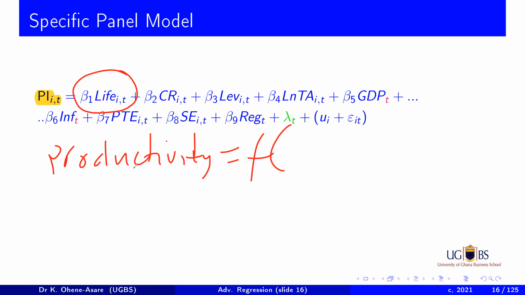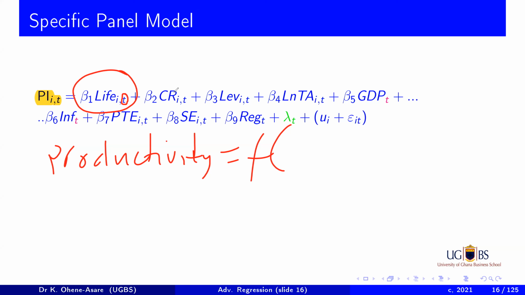You will notice that life or non-life is changing across individuals. An insurance company is either a life company or non-life. It's not changing across time. So why do you bring this t here? This t shouldn't have been there, because it's not changing across time.